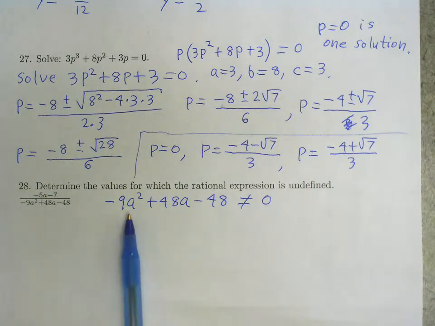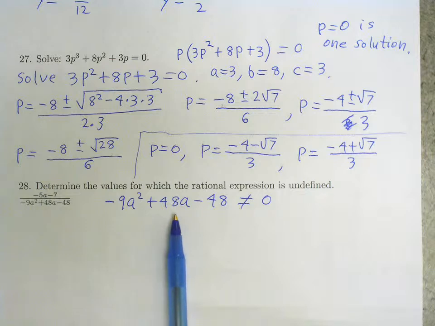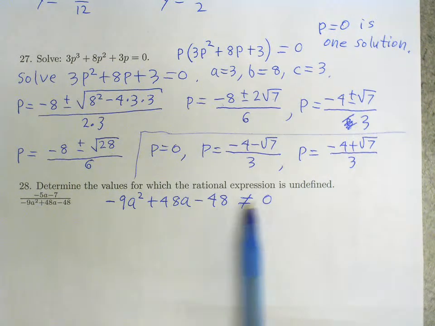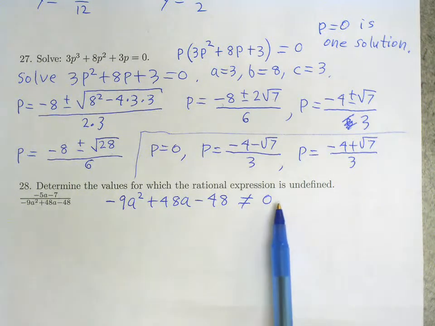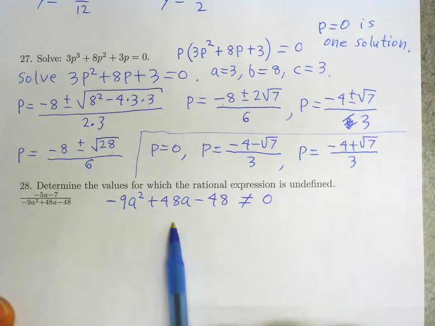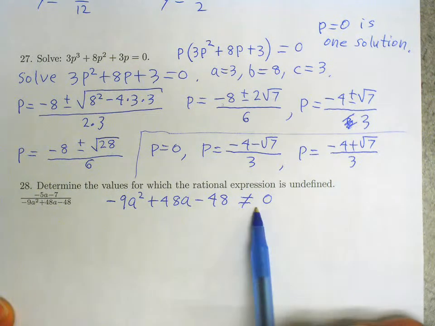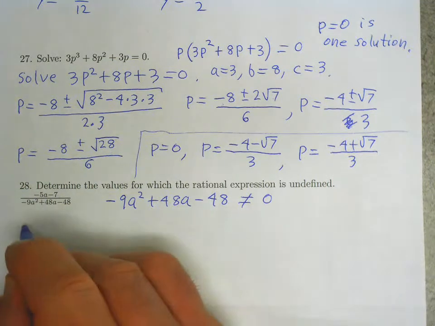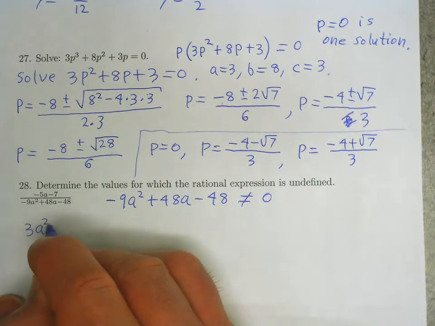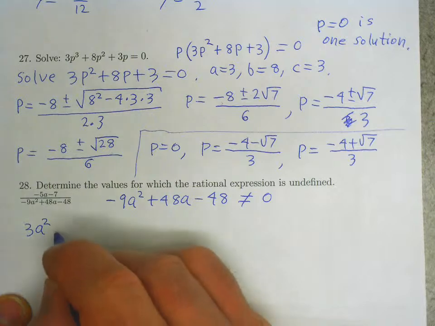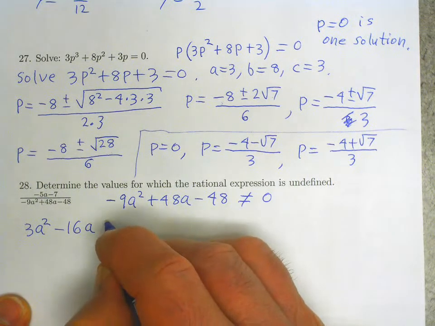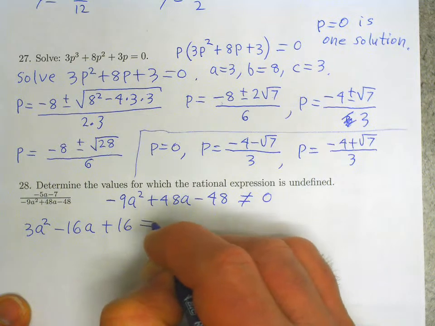So notice that negative 3 divides evenly into all of those numbers. And if I divide the right-hand side by negative 3, I still get 0. So I'm going to divide every term on both sides of this inequality by negative 3. And I'll get 3a to the second minus 16a plus 16.